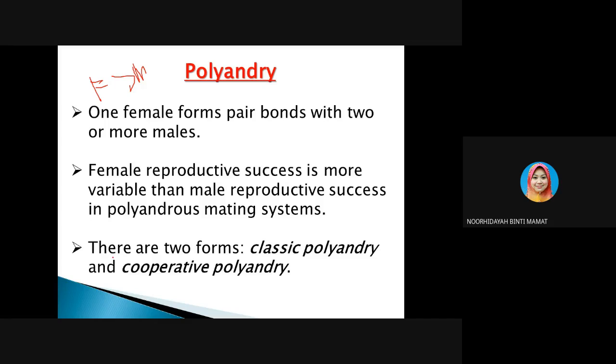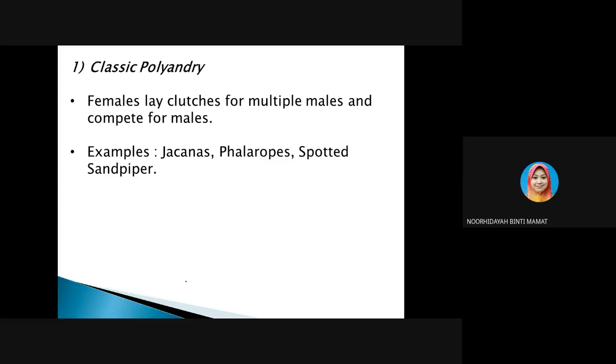There are two forms: classic polyandry and cooperative polyandry. If you still remember, in monogamy we have facultative monogamy and obligate monogamy, right? So in polyandry we have classic polyandry and cooperative polyandry. These are the terms that you have to remember.